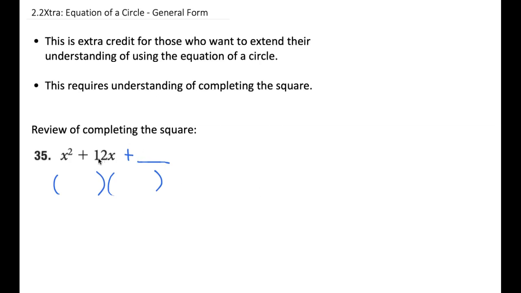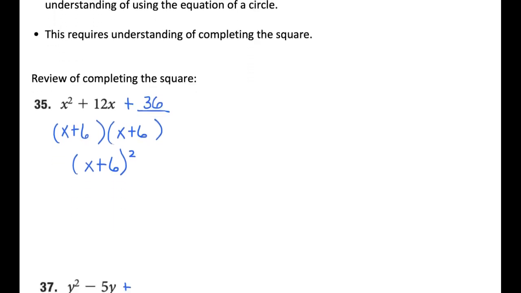So half of 12 squared is going to give us 6 squared is 36. And if you factor this, what you get is x plus 6 and x plus 6, which is just x plus 6 squared. So that's the whole point of completing the square. We're trying to find a perfect square binomial. So the way you do it is you take half of the x term and square it.